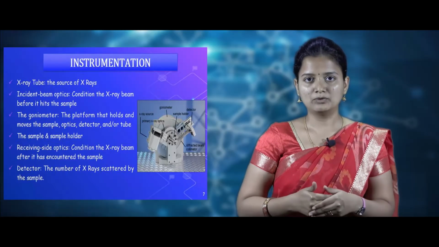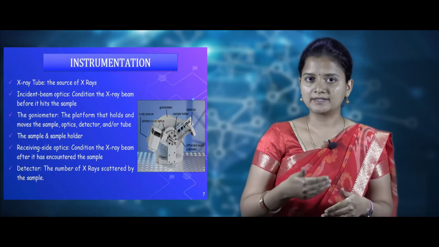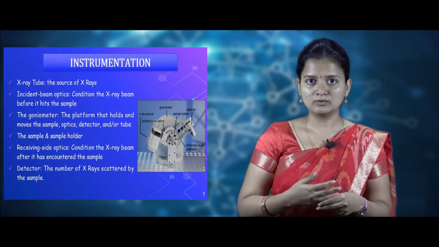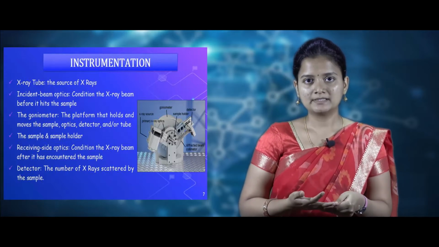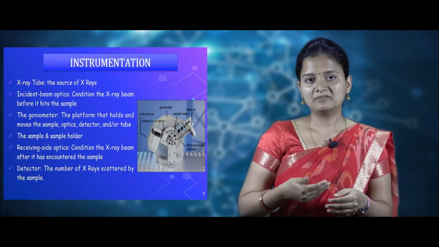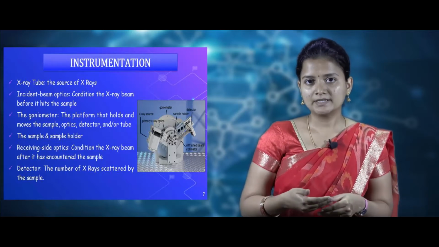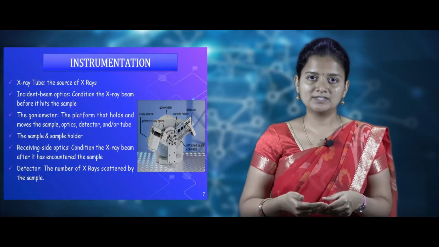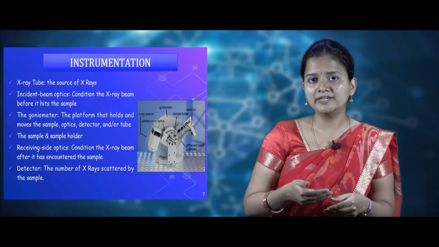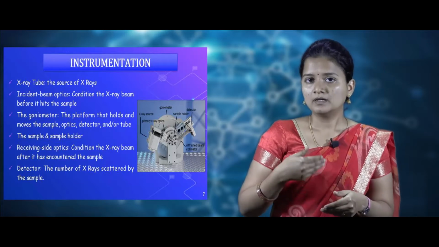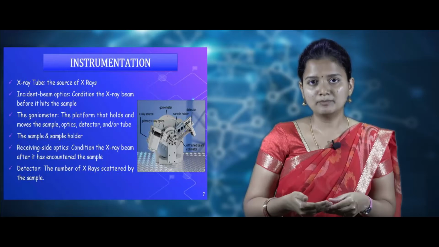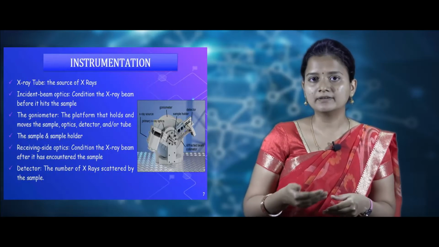Now we are going to see the instrumentation part of X-ray crystallography. The components are the X-ray source, incident beam optics, receiver beam optics, goniometer, detector, and finally the sample holder. The X-ray source will be monochromatic in nature. In the incident beam optics, the conditions are set or determined for the X-ray before it hits the crystal, whereas in the receiver beam optics the conditions are monitored after hitting the crystal.